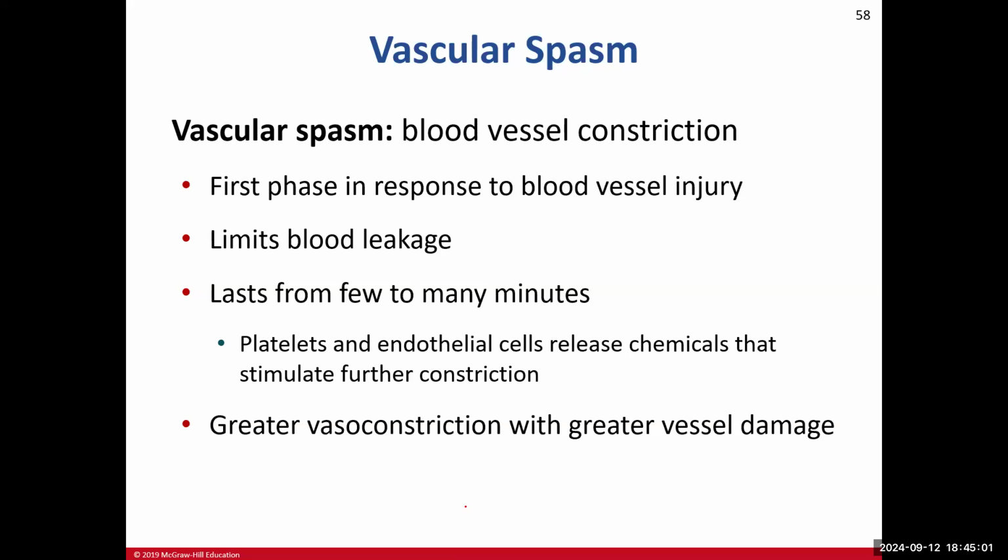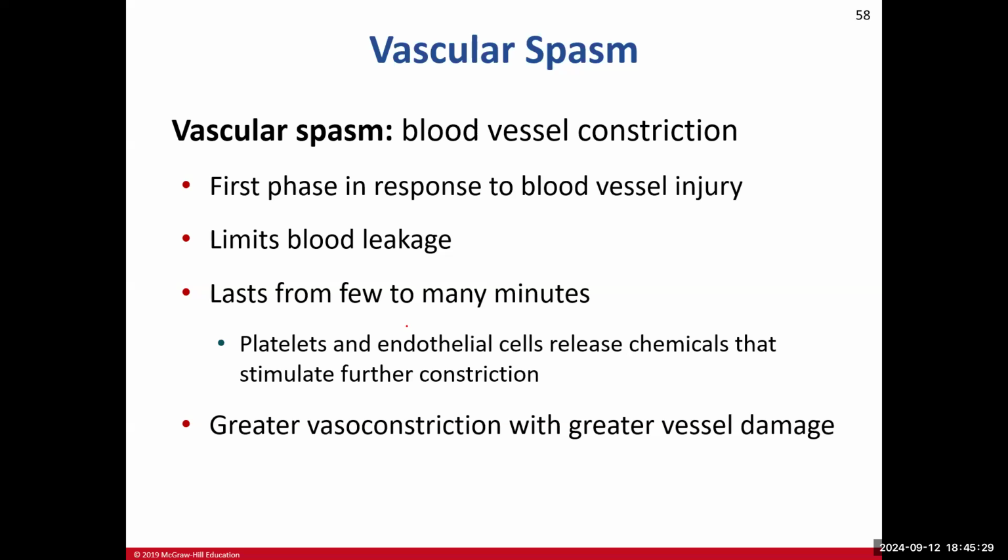Good, so you're understanding blood flow already. We haven't even gotten to that chapter yet. As long as we know the size of the vessel helps to determine blood flow: smaller vessels, less blood flow; larger vessels, more blood flow. Cool? All right, good. So that's what we're going to see here. It doesn't last for too long, but when I say too long, it depends on how big the vessel is and the extent of the damage.